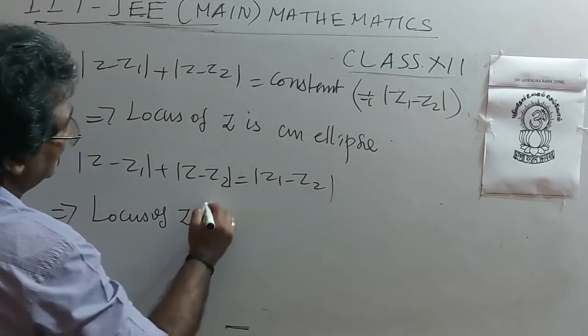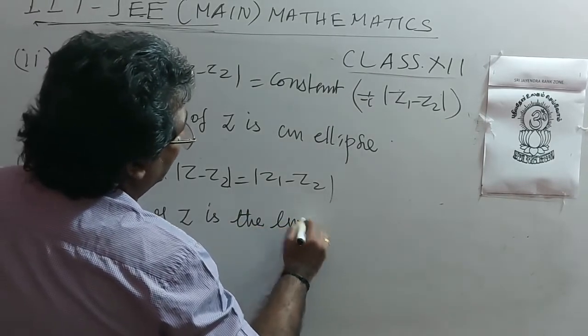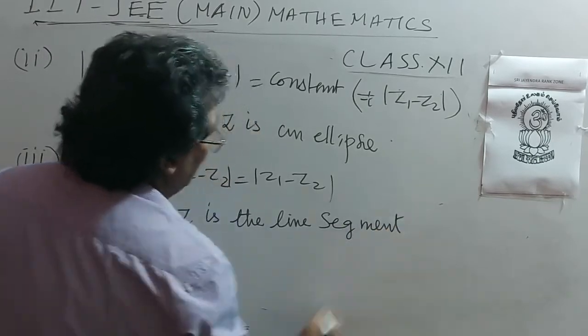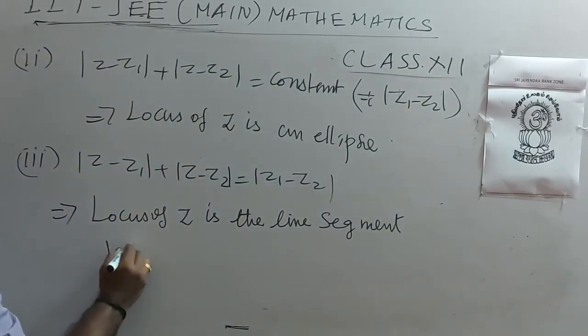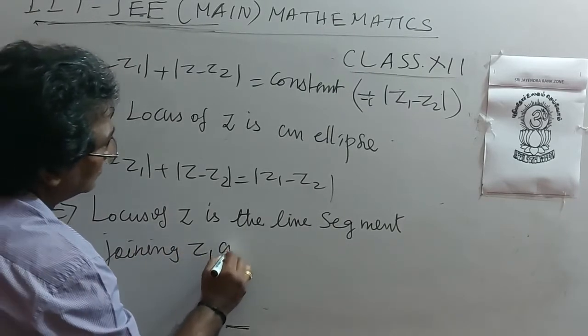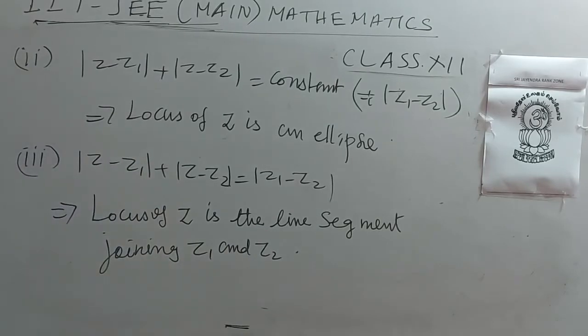Locus of z is the line segment joining z1 and z2.